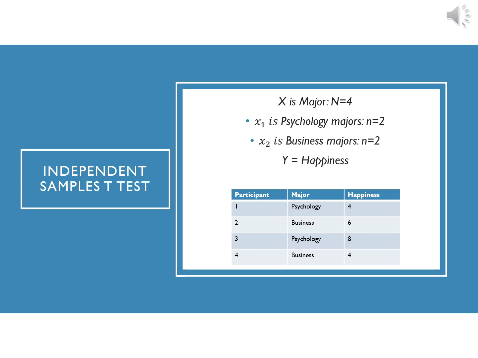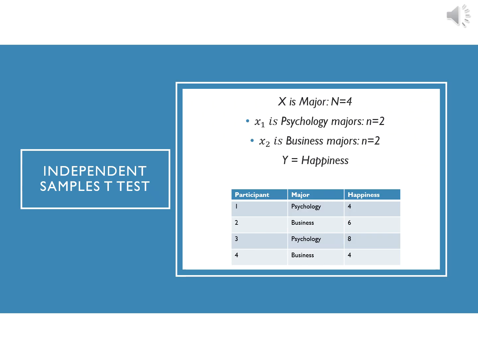So you actually have two different variables here. The independent variable, the X variable, is what major you are. And so the two different groups are psychology majors and business majors. So that independent variable of major has two levels, psychology or business. And what we're actually measuring, the dependent variable, is their happiness.